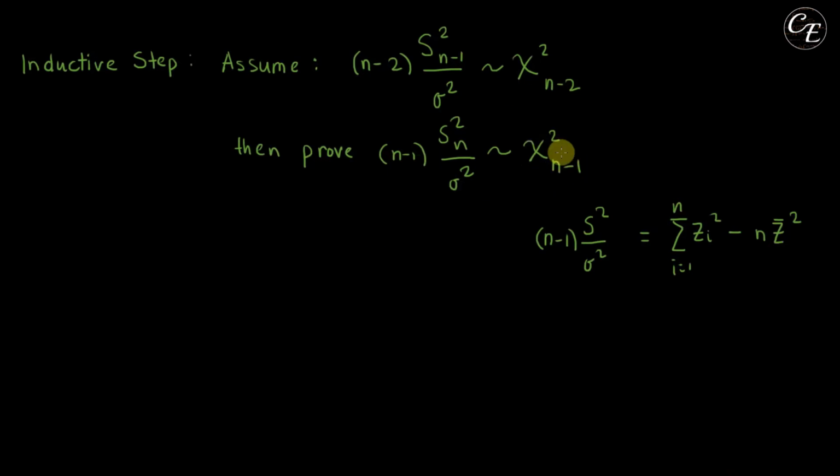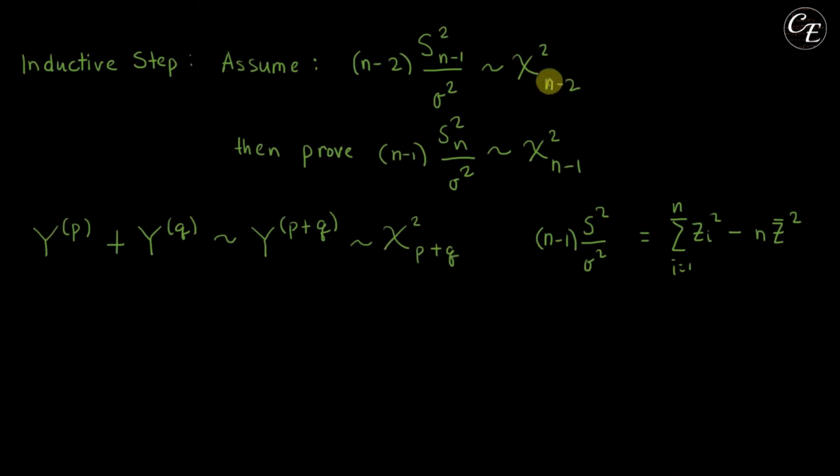Now, to prove this, we need to use a theorem that a random variable which has a chi-square distribution with p degrees of freedom plus a random variable which has a chi-square distribution with q degrees of freedom has the same distribution with random variable which has p plus q degrees of freedom, or we can write here has a chi-square distribution with p plus q degrees of freedom.